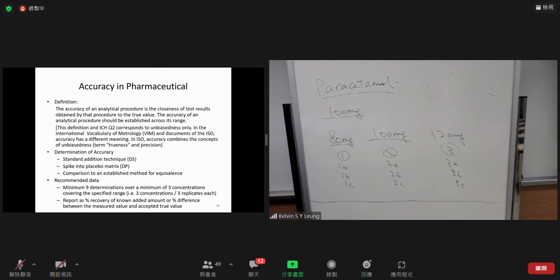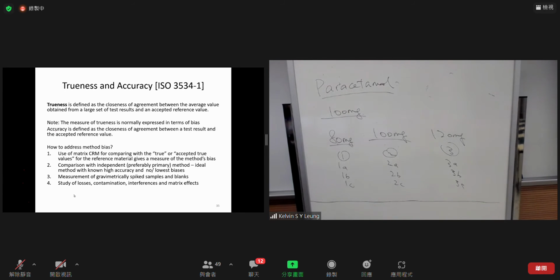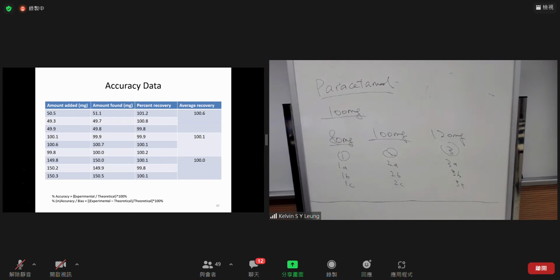Then you can calculate the recovery, which is shown in the next slide. Okay, in this table, it's just some ideas of how you have these 9 determinations with 3 concentrations. In here the target is 100, and it uses 50 and 150 as the lowest and the highest concentration to be included in the accuracy.